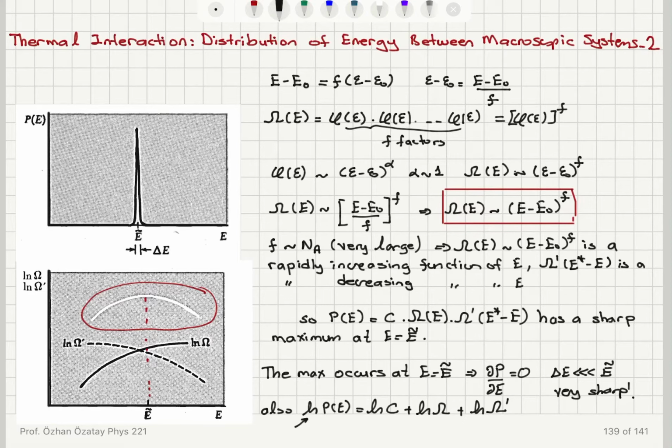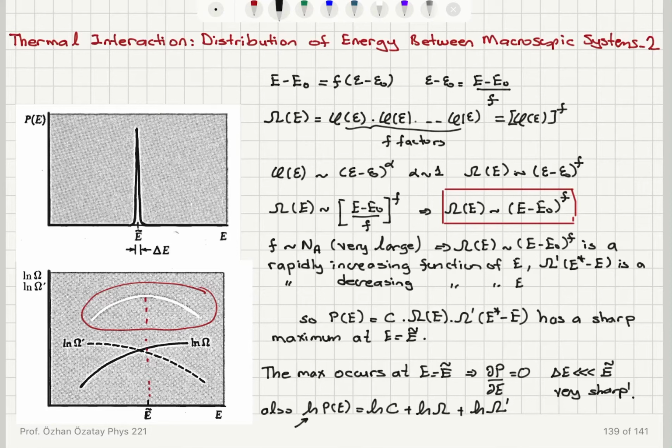And because epsilon minus epsilon 0 is E minus E0 divided by f, the number of accessible states varies with energy according to E minus E0 to the power f, where f is the number of quantum numbers you have to specify in order to get the state. So for a macroscopic system, this is very large, of the order of Avogadro's number.